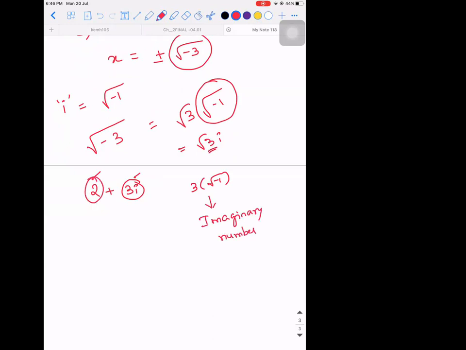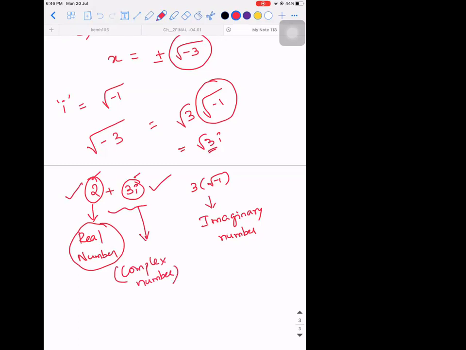But 2 is a real number, because I can call it a whole number, a natural number, or a positive integer. It's my wish, but it is a part of the real numbers. So this real number plus the imaginary number put together is what is called a complex number.